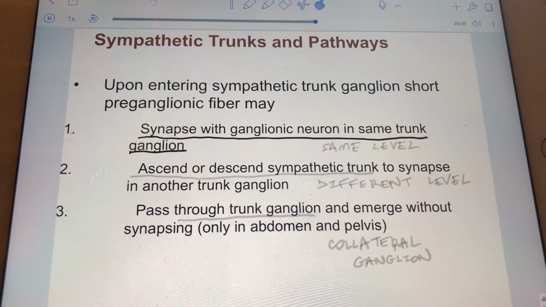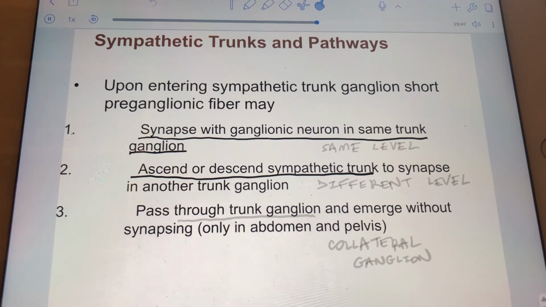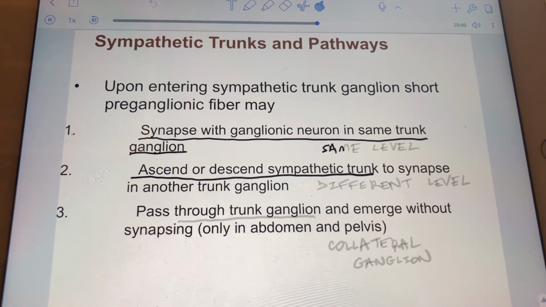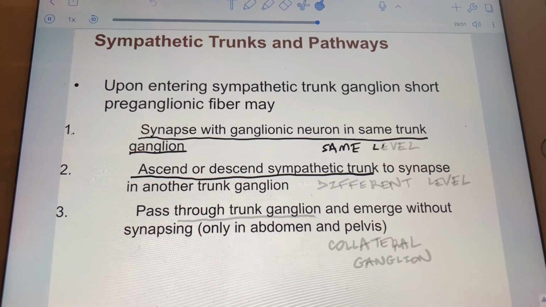Or a preganglionic neuron may climb up or climb down the sympathetic trunk and then synapse in a sympathetic trunk ganglion at a different level.